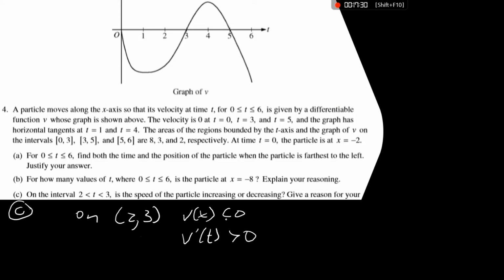They're fighting each other. So is this particle speeding up or slowing down? Slowing down. So the speed is increasing or decreasing? Decreasing.